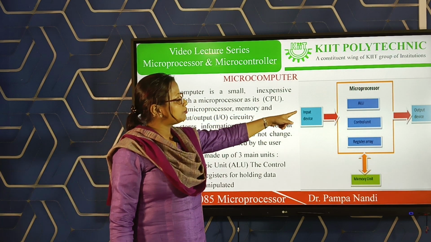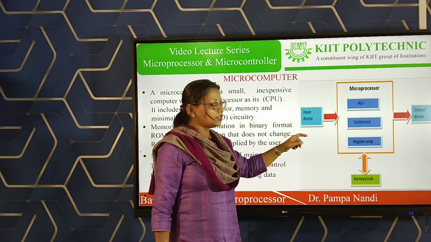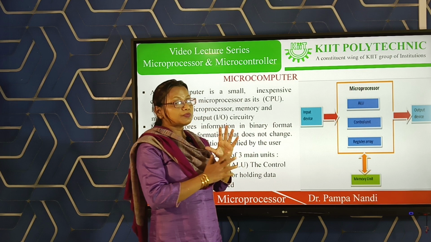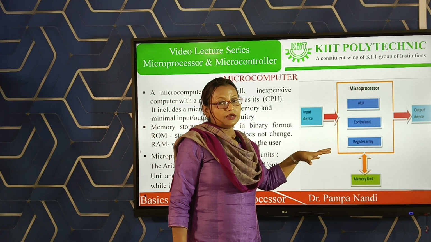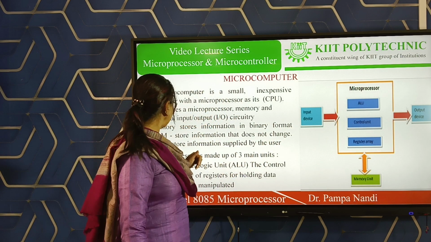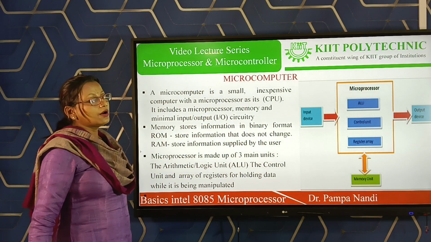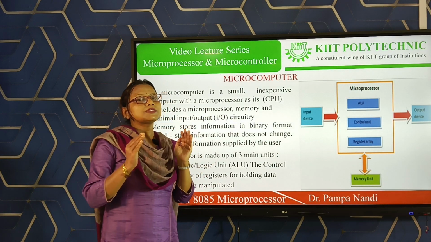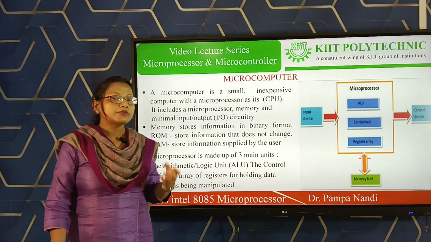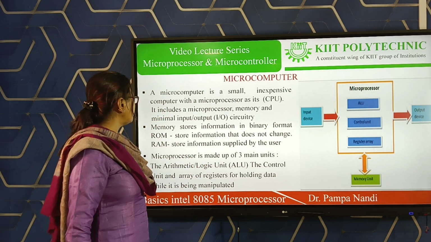So in the microprocessor you can see the ALU, then the control unit, which controls how to perform the operation, and then the register array. Register array I will come to later. Now, what is the meaning of a normal computer versus a microcomputer? Microcomputer means small, that is, a bit less expensive.